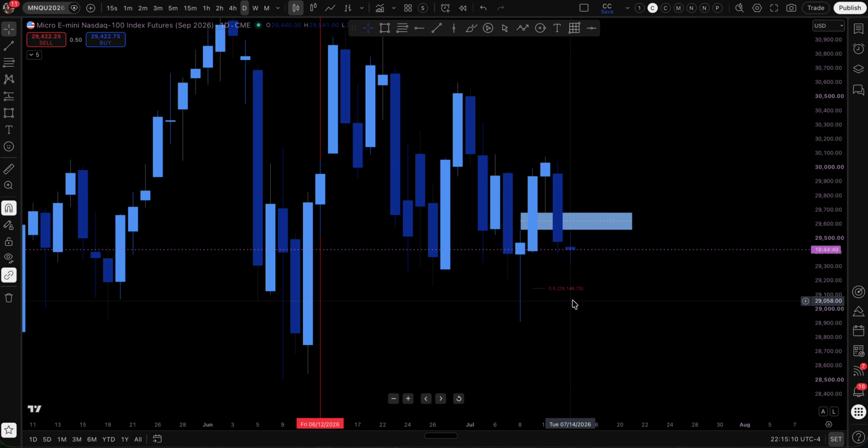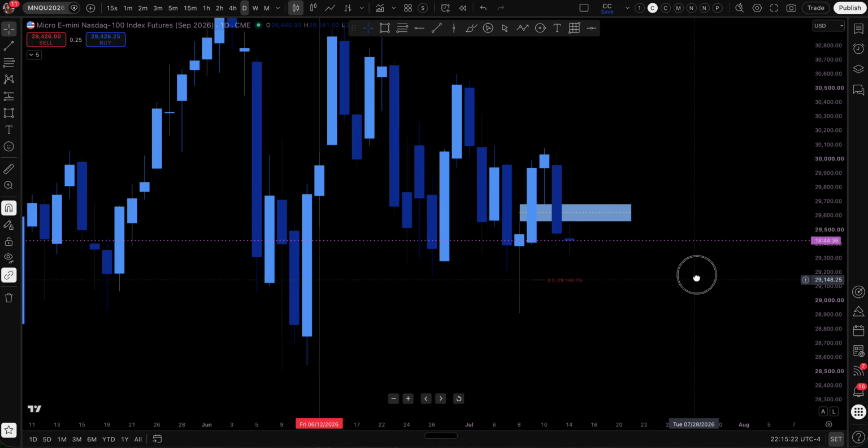That is another confirmation or confluence or check off my list that says price is coming downward and it is continuing this bearish trend that I've already seen on the daily.